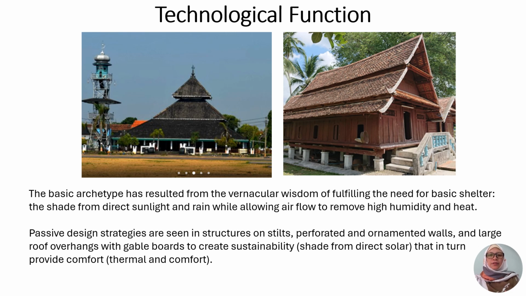The vernacular masjid is equipped with technological function as in passive design strategies, where the standard roof overhangs provide comfort for the users in the interior in terms of visual and thermal comfort.